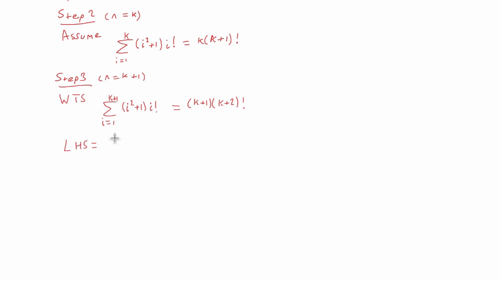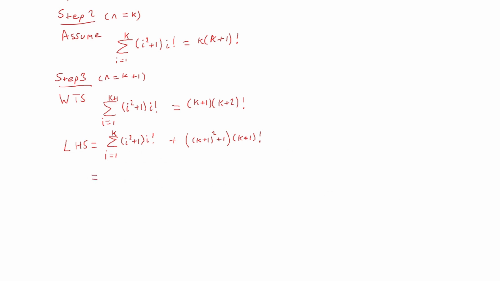We're going to break this sum up into the sum from i equals 1 to k of (i squared plus 1) times i factorial, plus the (k plus 1)th term of this sum. So when we substitute k plus 1 in, we're going to get ((k plus 1) squared plus 1) times (k plus 1) factorial.